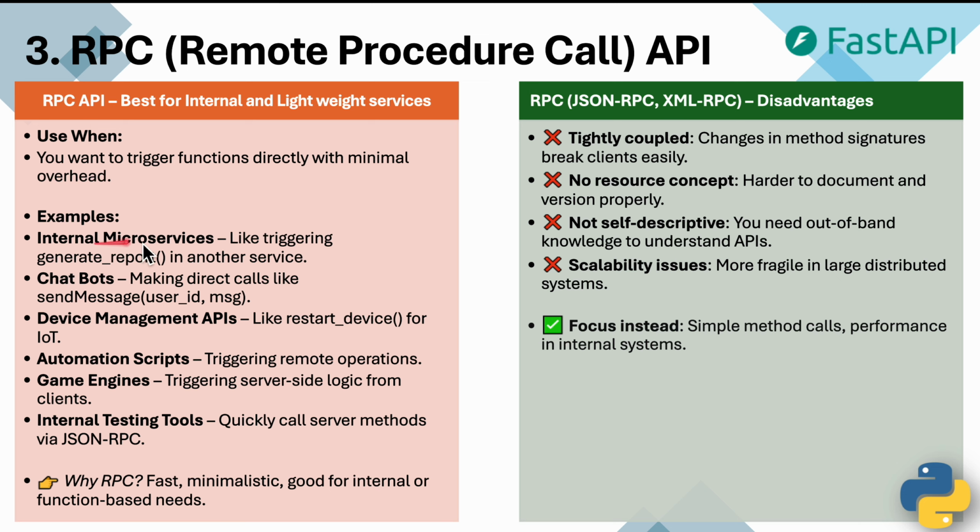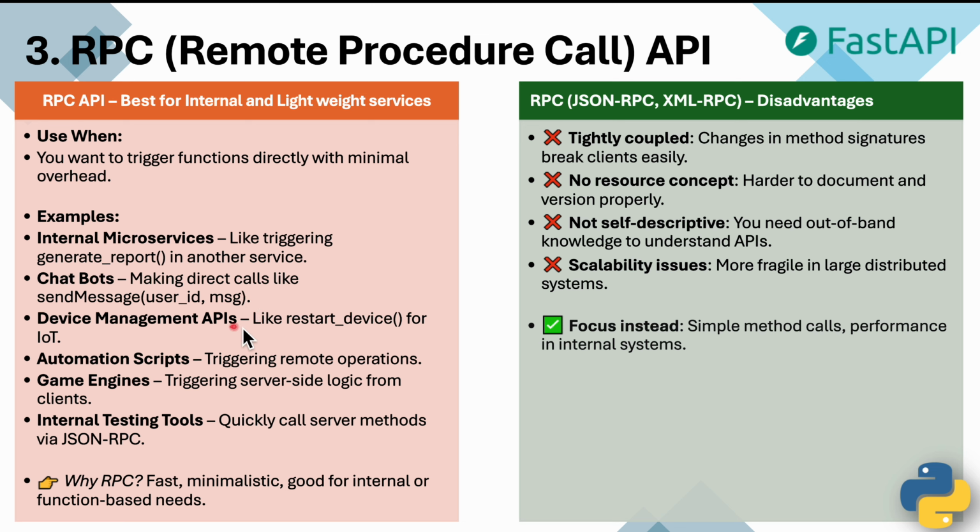Examples: internal microservices, like triggering generate report in another service. Chatbots, making direct calls like send message with user ID and message. For such things, RPC is better.